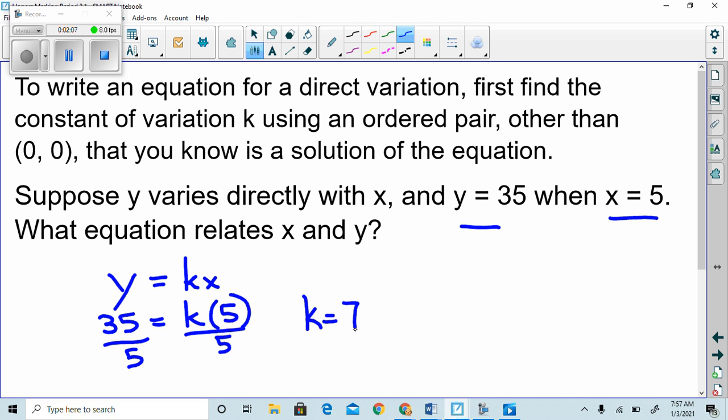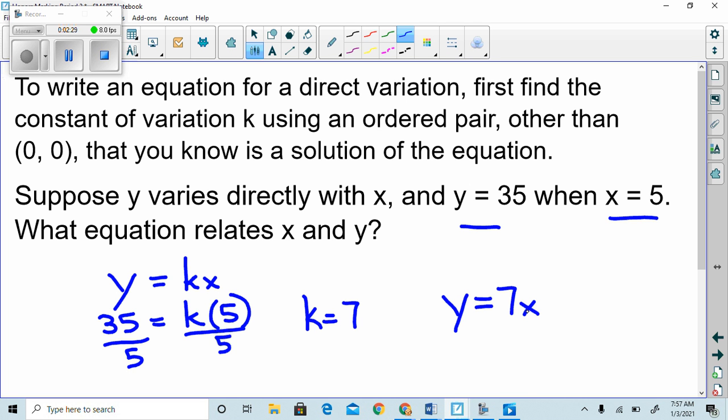So they're going to ask you to find the constant of variation, and the second thing is to write the equation that relates x and y. So that equation will be y is equal to 7x. And there is our equation. And it's an equation of a model of direct variation because x and y vary by this factor of 7.